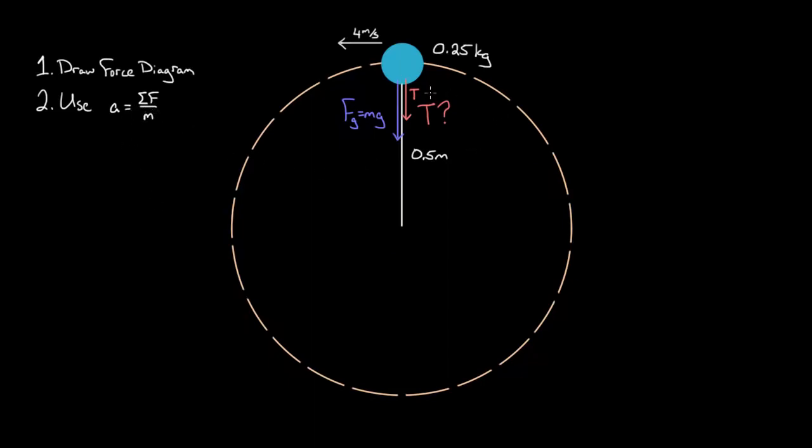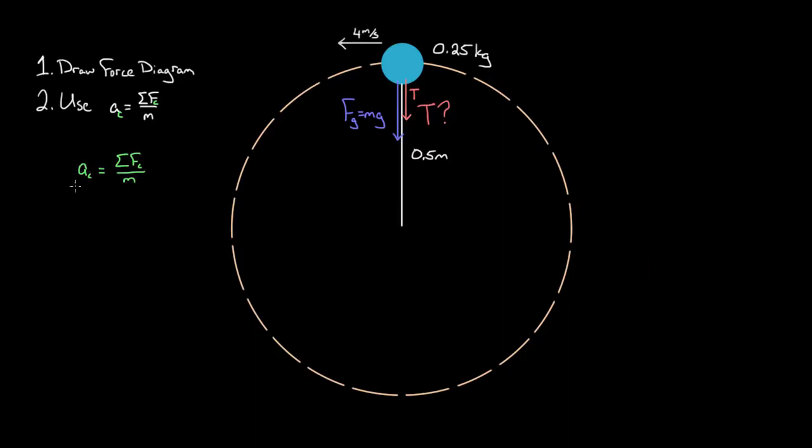And since we have a centripetal motion problem, we have an object going in a circle, and we want to find one of those forces that are directed into the circle, we're going to use Newton's second law for the centripetal direction. So we'll use centripetal acceleration here and net force centripetally here. In other words, we're going to write down that the centripetal acceleration is equal to the net centripetal force exerted on the mass that's going around in that circle, divided by the mass.